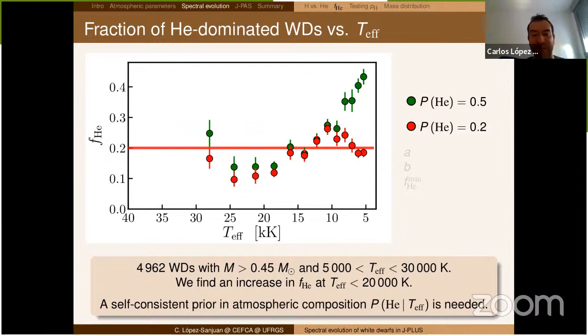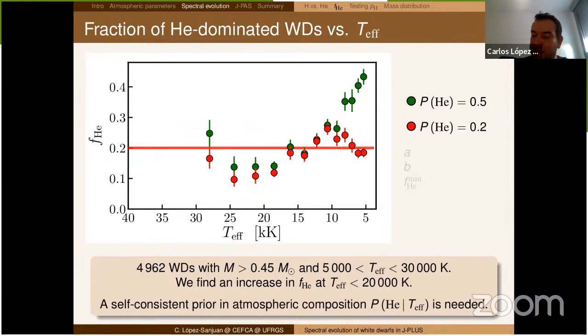So how can we solve this? We can take previous results and make an empirical prior for this fraction, but this is what we want to measure. So it's like some circular thing that we don't want to do.